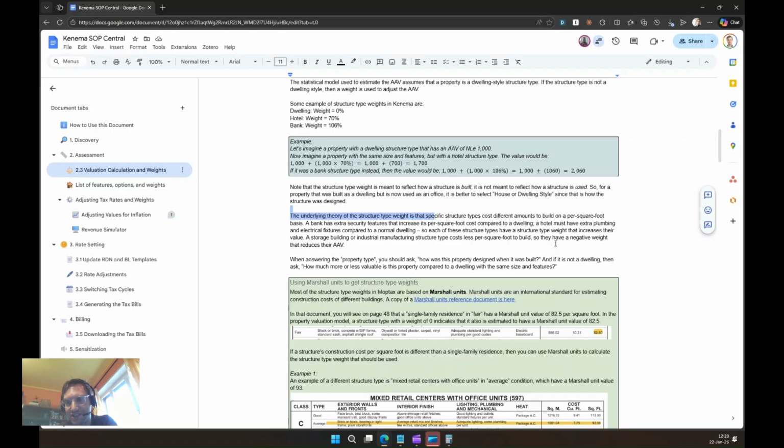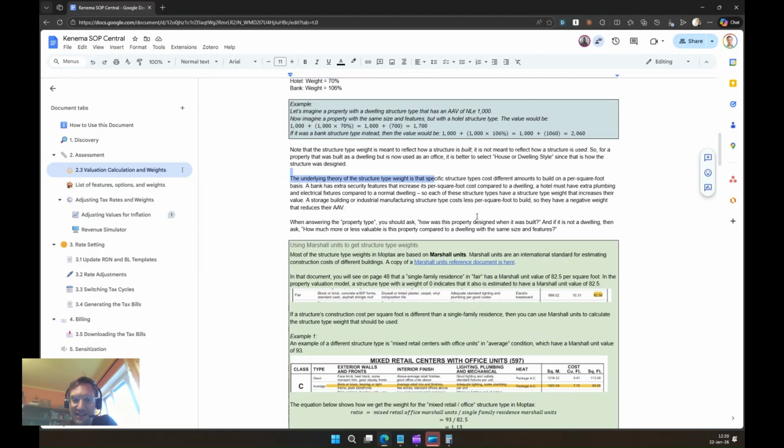So these different structure types are specifically designed, by an architect, by a construction team, to have a specific design that either increases or decreases the weight of the structure compared to how a normal dwelling would be built. That is the idea. So it's not about how the building is being used right now.